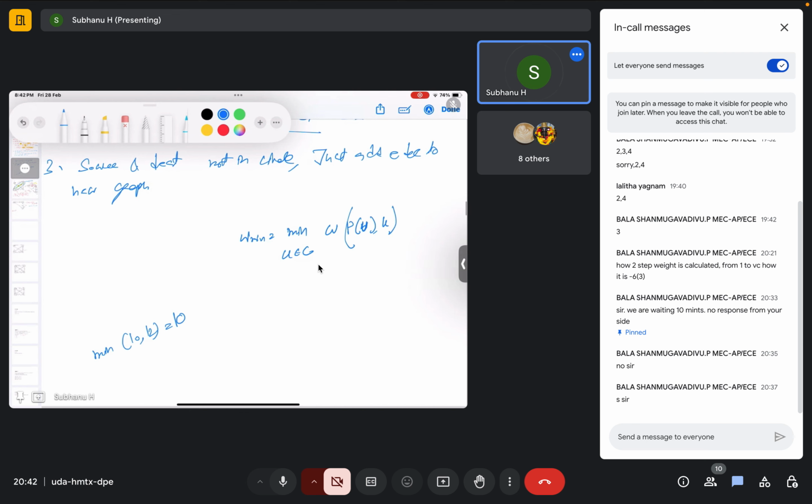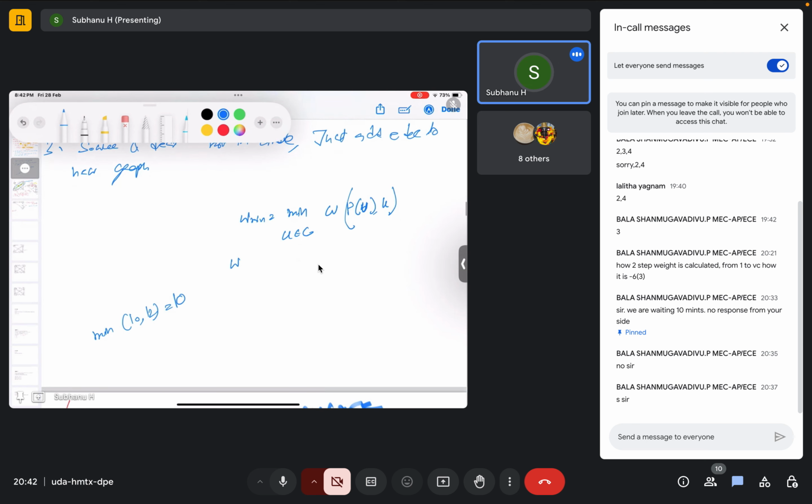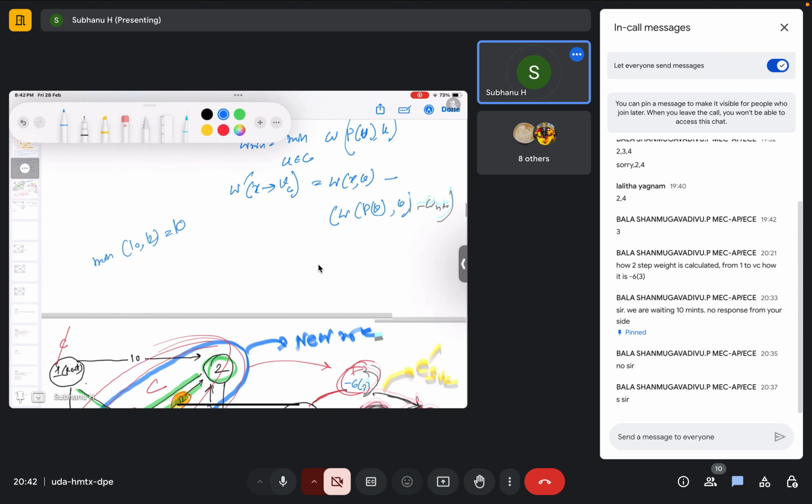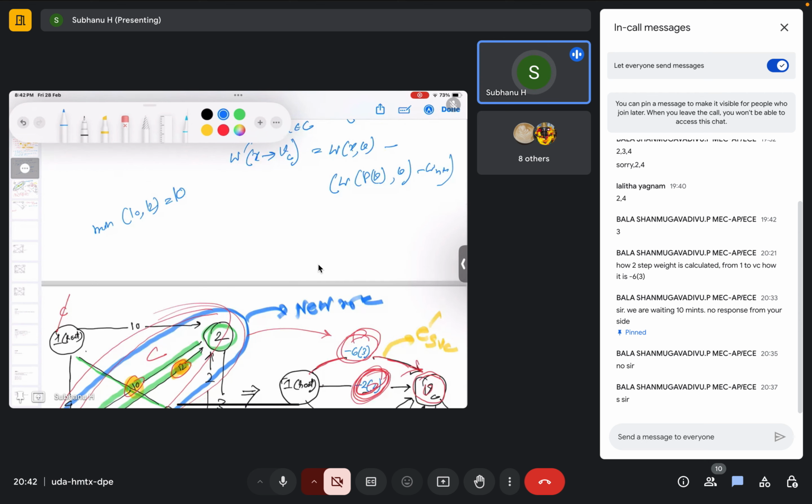And W dash xvC is equal to W of xv minus W of P(v), comma v, minus W min. Okay. So now I have found that 10, 12, and max is 12. Okay.